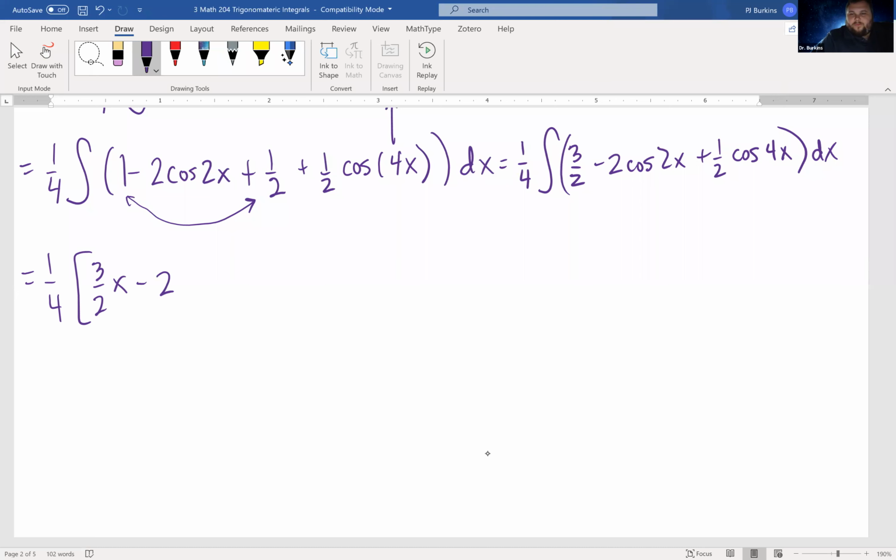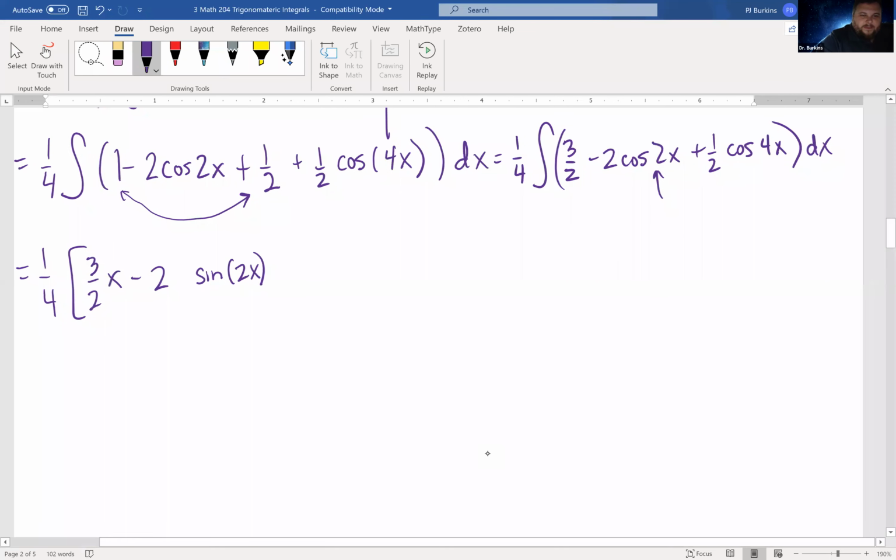Now the integral of cosine 2x, we know the integral of cosine is sine. We leave the inside alone. And because the inside has a coefficient of 2, that means when we integrate, we get a 1/2 in front, which we demonstrated above with that u substitution.